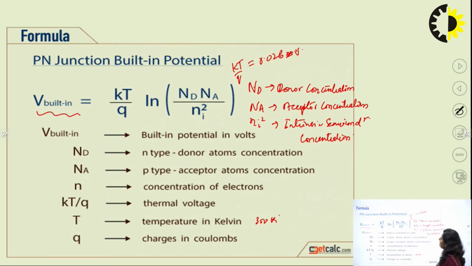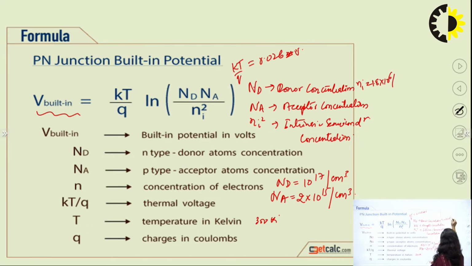By putting in the values of Nd and Na, suppose we are given Nd as 10 to the power 17 per centimeter cube, which is the donor concentration, Na, the acceptor concentration, as 2 into 10 to the power 15 per centimeter cube, and Ni as 1.8 into 10 to the power 6 per centimeter cube.